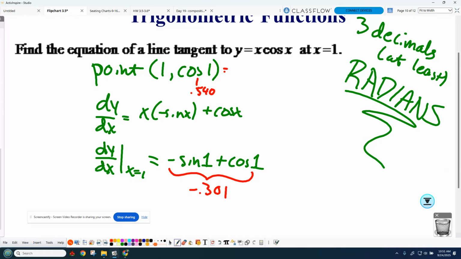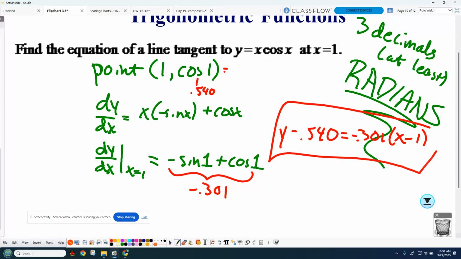Would you do like y minus your y value? Yep. Y minus the y value, keep 3 decimals even though it's a 0. And then your slope, and then x minus your x value, which is 0. Yeah. 3 decimals, if you left it as 0.54 and didn't keep the 0, AP gets cranky at you.